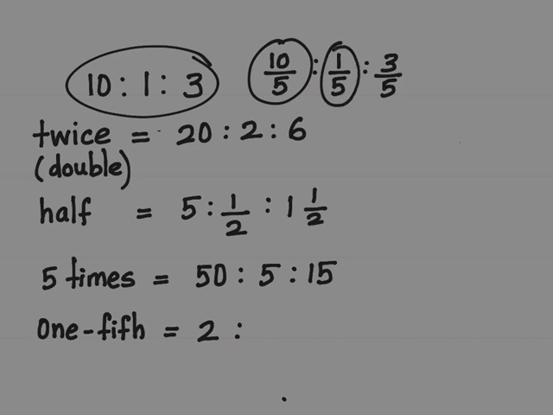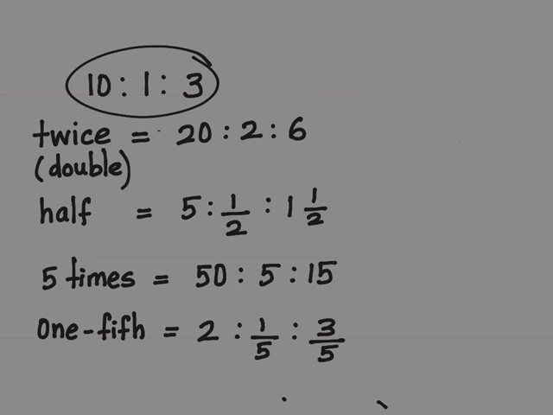We can't simplify 1 by 5 right now, so let's write it like that, and write 3 over 5. So this is the 1/5 value of the first ratio, 10:1:3.